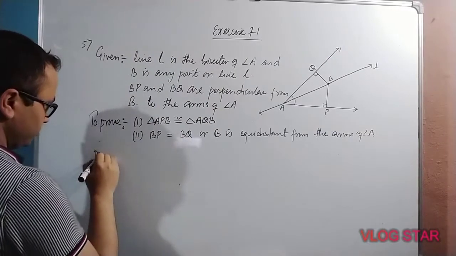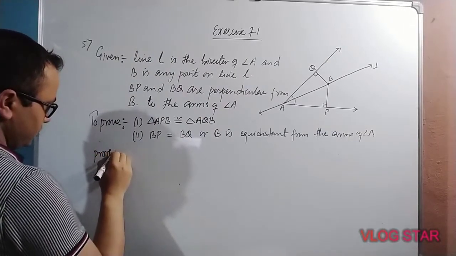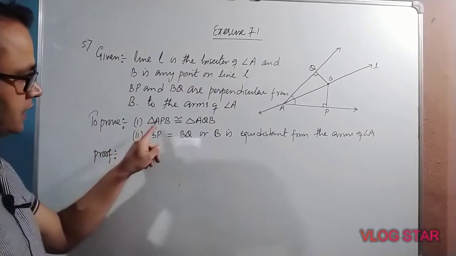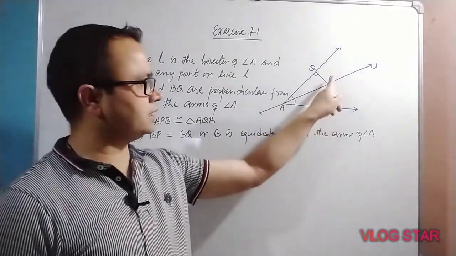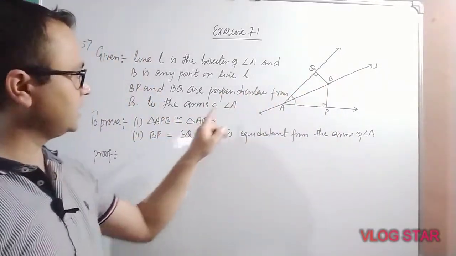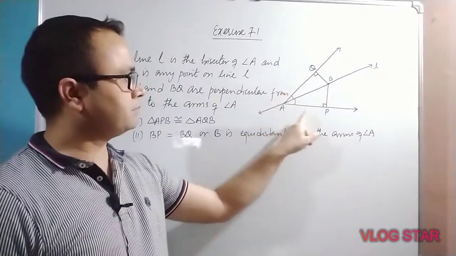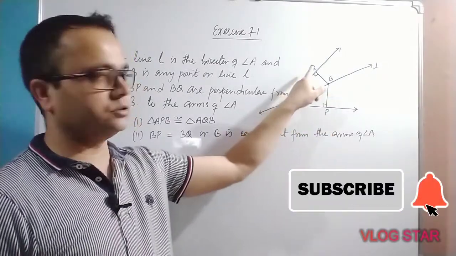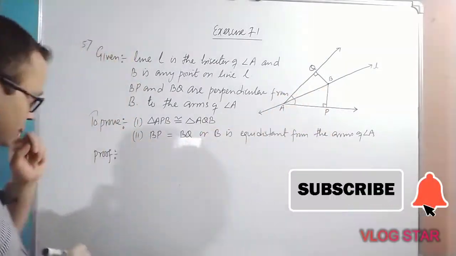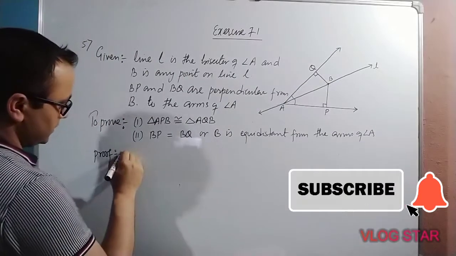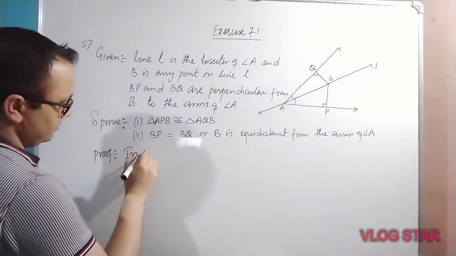Now in the proof, we need to prove triangle APB is congruent to triangle AQB. So we will consider these two triangles.